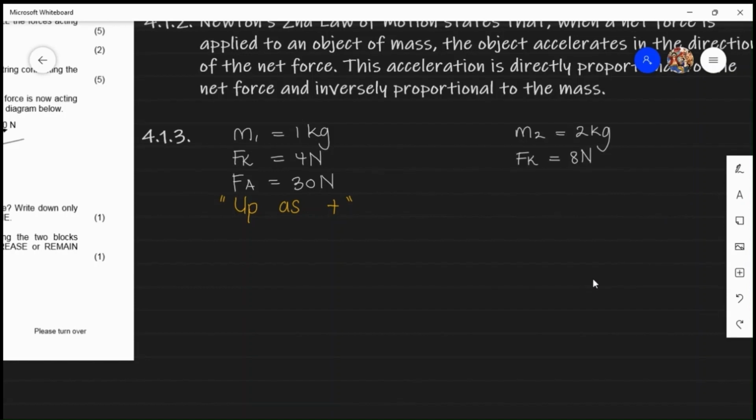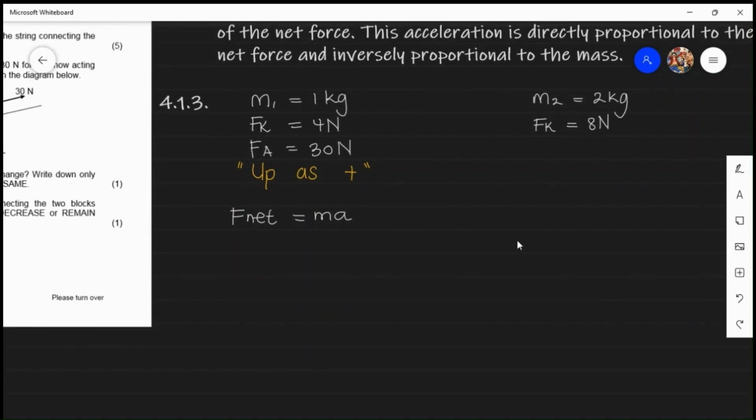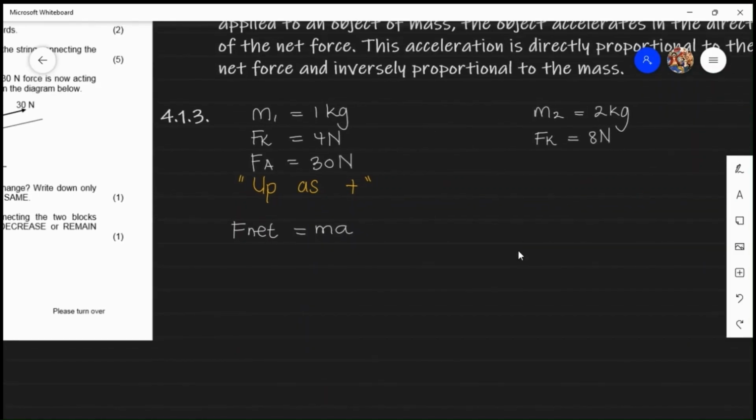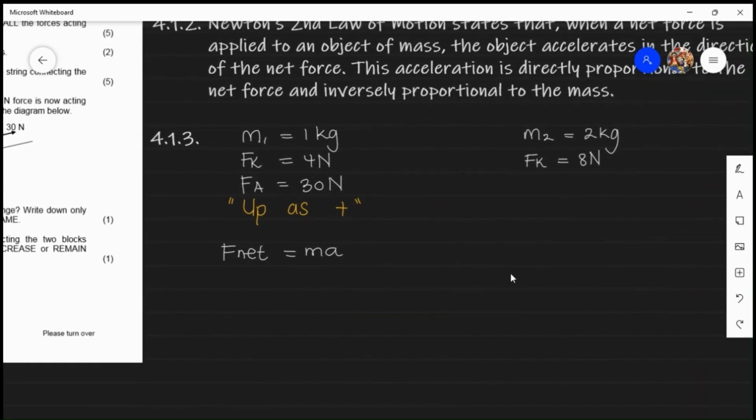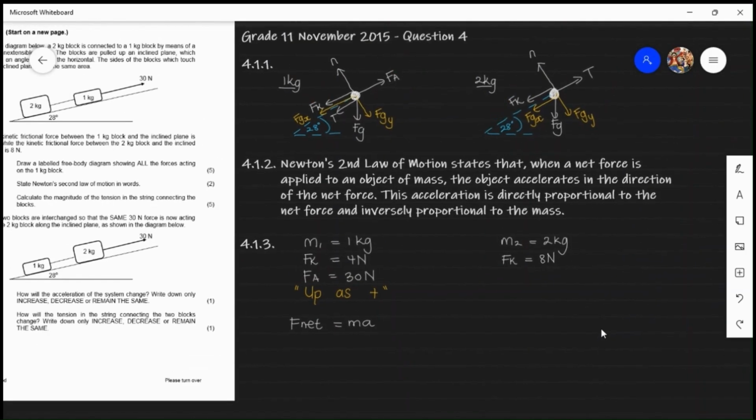So let us start by writing out our formula, which is F net equals ma. From this point, we can now break up this formula into its different components. F net can be broken up into all of the different horizontal forces that are acting on this object. So let us have a look at what forces are acting on our 1 kg block.